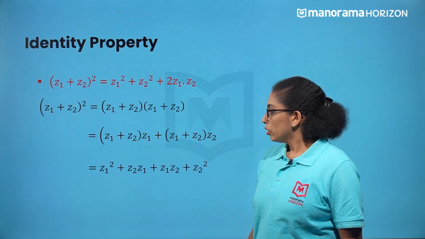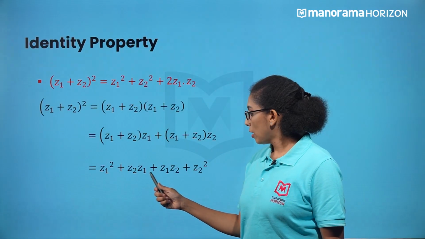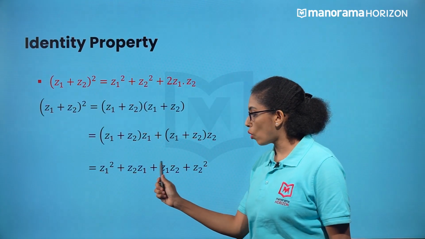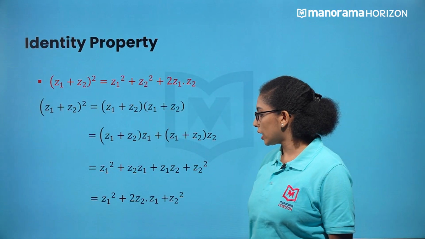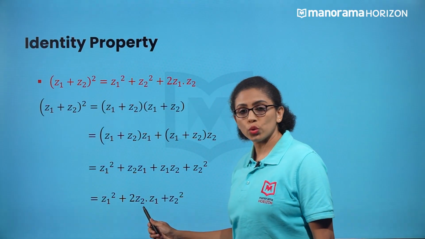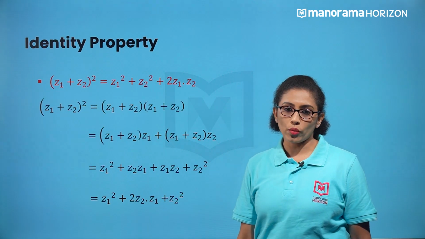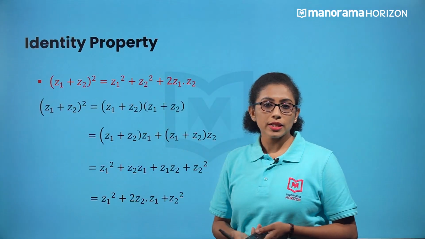Now we can write it as Z1 square plus Z2 Z1 plus Z1 Z2 plus Z2 square. And we know that these two quantities, according to the commutative law, are equal. So we can write it as Z1 square plus 2 into Z1 Z2 plus Z2 square. So hence we have proved this identity.